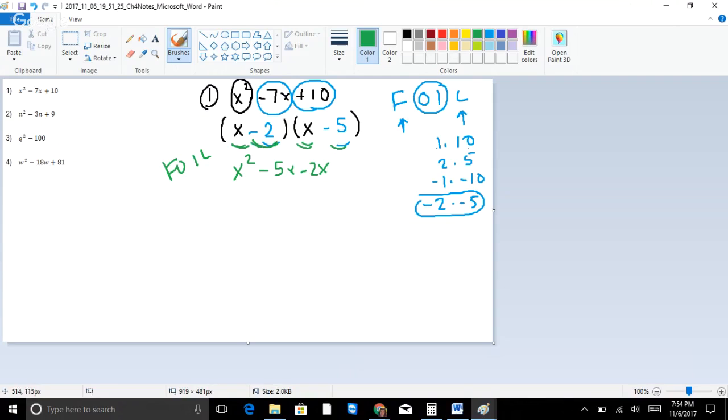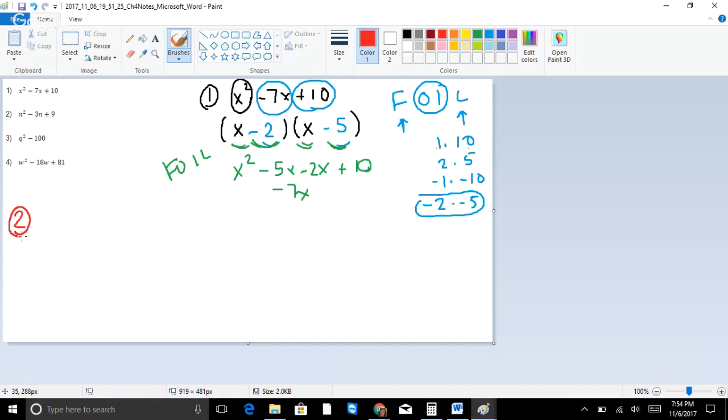And my last is -2 times -5, which is positive 10. So these equal -7x, and ta-da, I have factored this. All right, let's keep going. Your brains are remembering, I know they are. Or maybe you're groaning, I'm not sure. But it's in there somewhere, right?